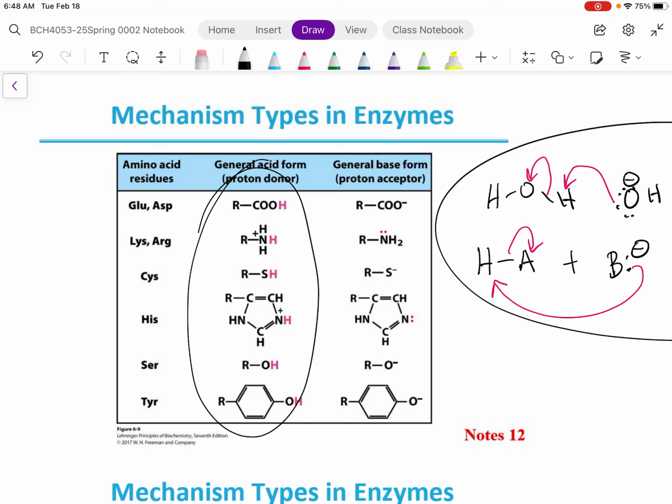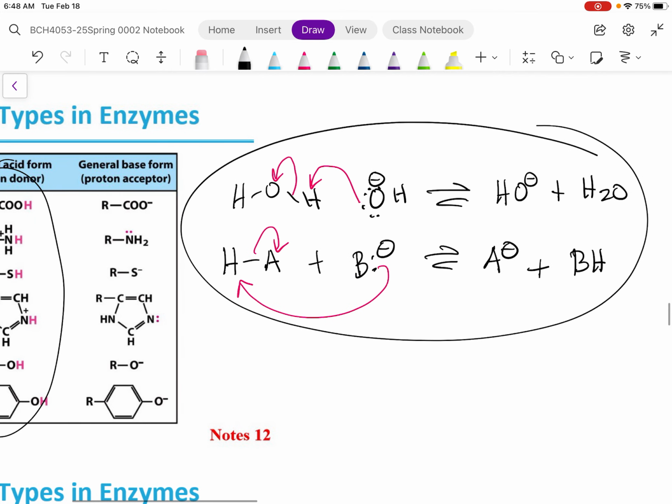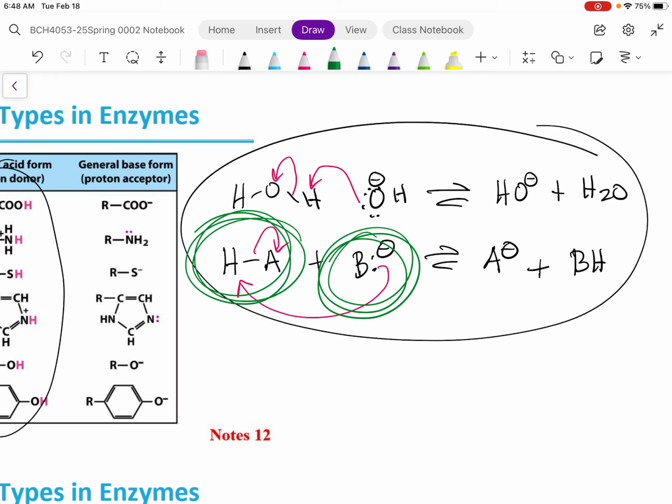And so you have to relate those side chains to this general structure here. What side chains are acidic? What side chains are basic? And so in the catalytic site, there's going to be a lot of proton transfers happening. It's just not necessarily with water, because there's not a lot of it. But we have plenty of those side chains that can make that happen.